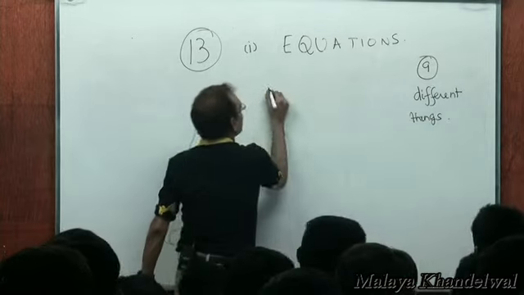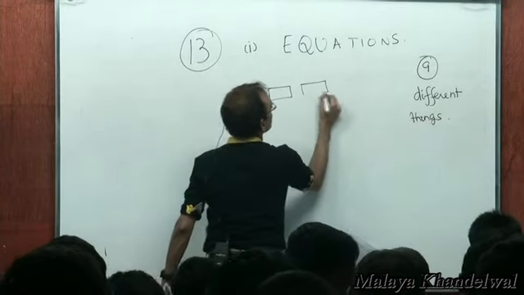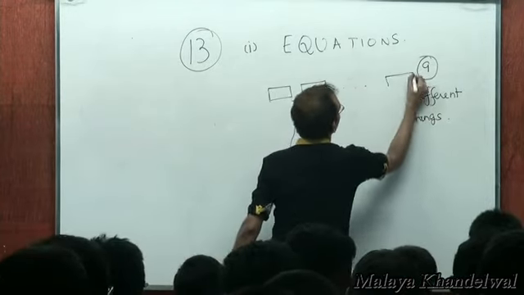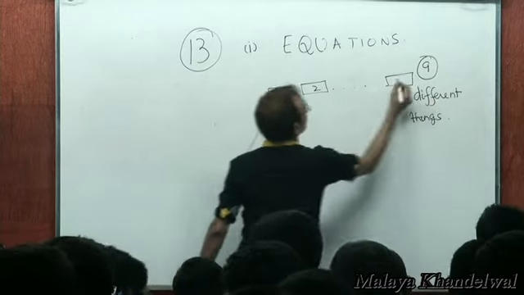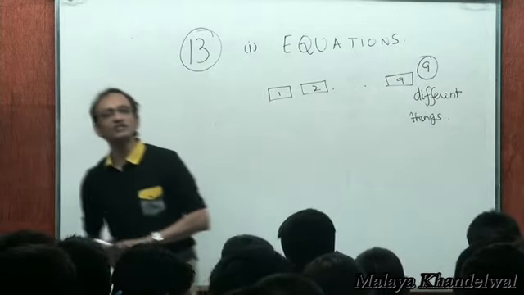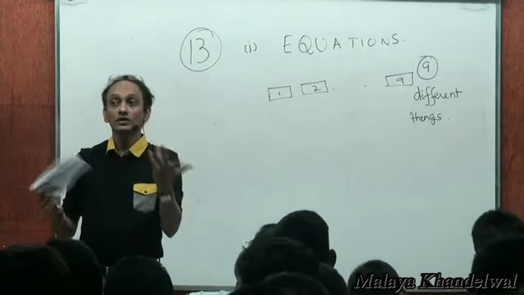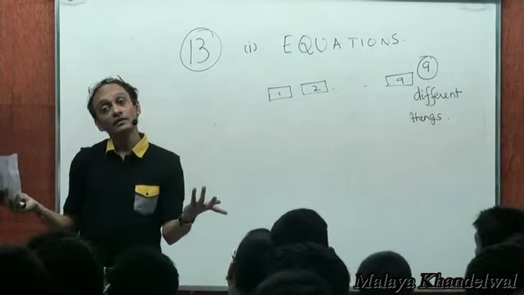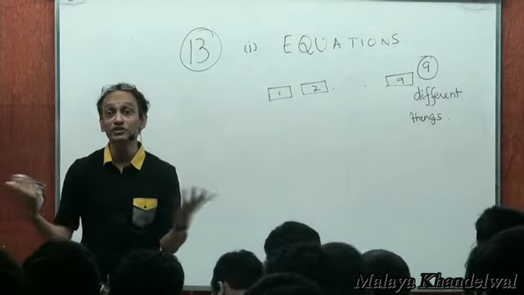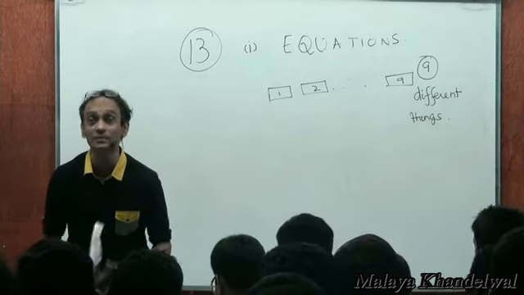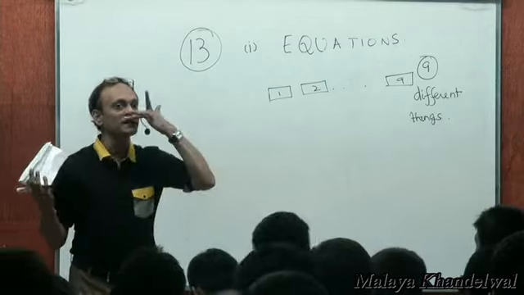9 different things to be arranged in 9 spaces. In how many ways can I do that? 9 factorial ways. R different things to be arranged in R spaces can take place in R factorial ways, right?